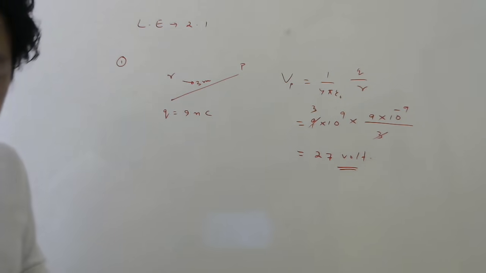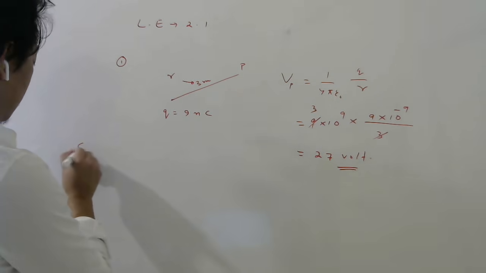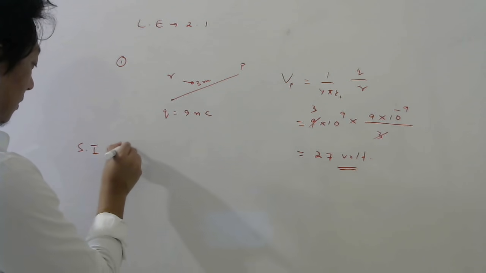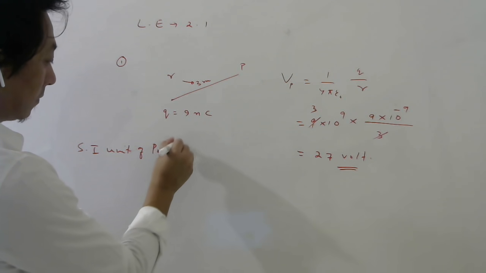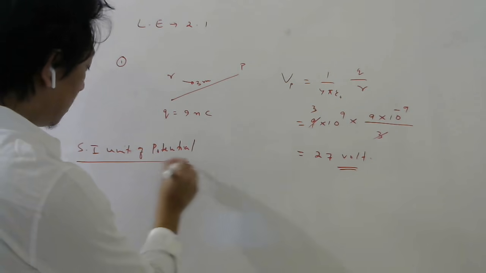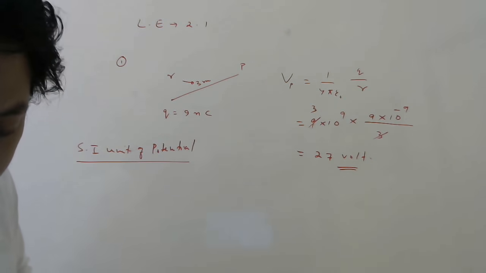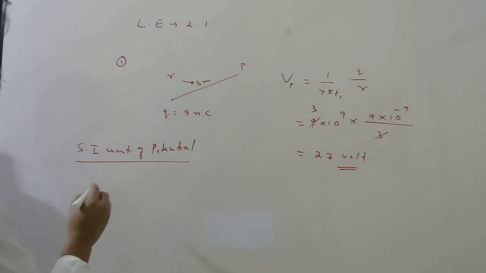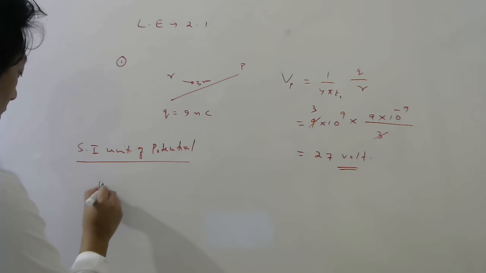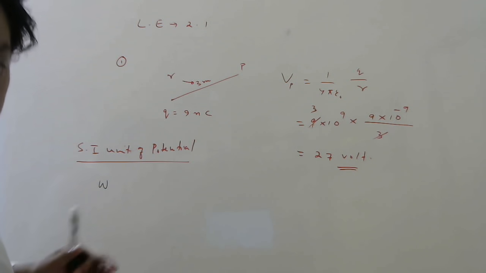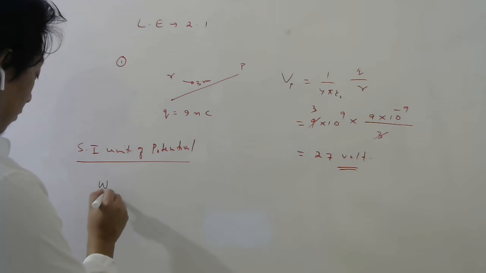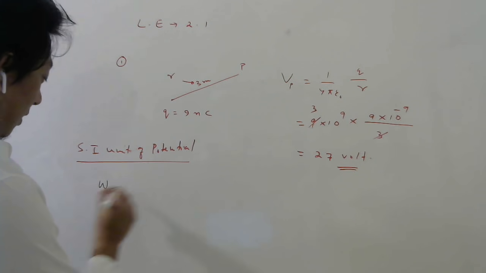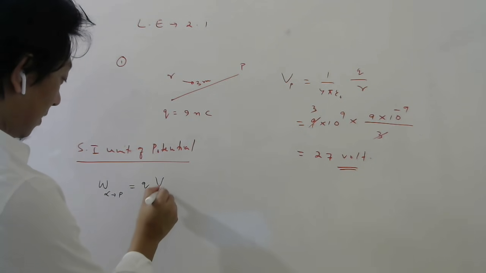Okay, let me quickly tell you the unit. SI unit of potential. So if you remember, the way we defined potential was, work done to bring a small charge, whatever symbol you write, Q, from infinity to some point P is Q into Vp.